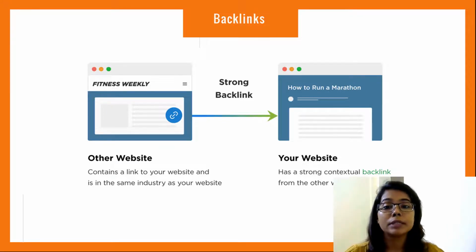If Fox and BBC are linking out to it, XYZ must be credible, right? In SEO terms, we think of it in the other direction. Website XYZ has managed to score a link back to itself from Fox News or BBC. This is what we call a backlink. The number of backlinks matters. The quality of the backlink, that is, the quality of the website linking back to your website, also matters. So that's what the backlink profile is: all the backlinks to your website.